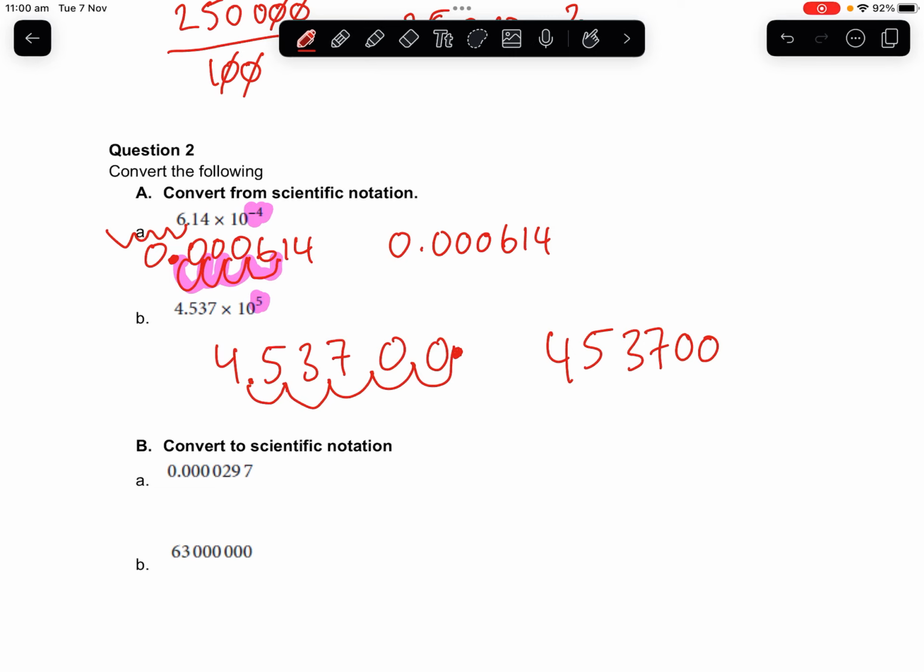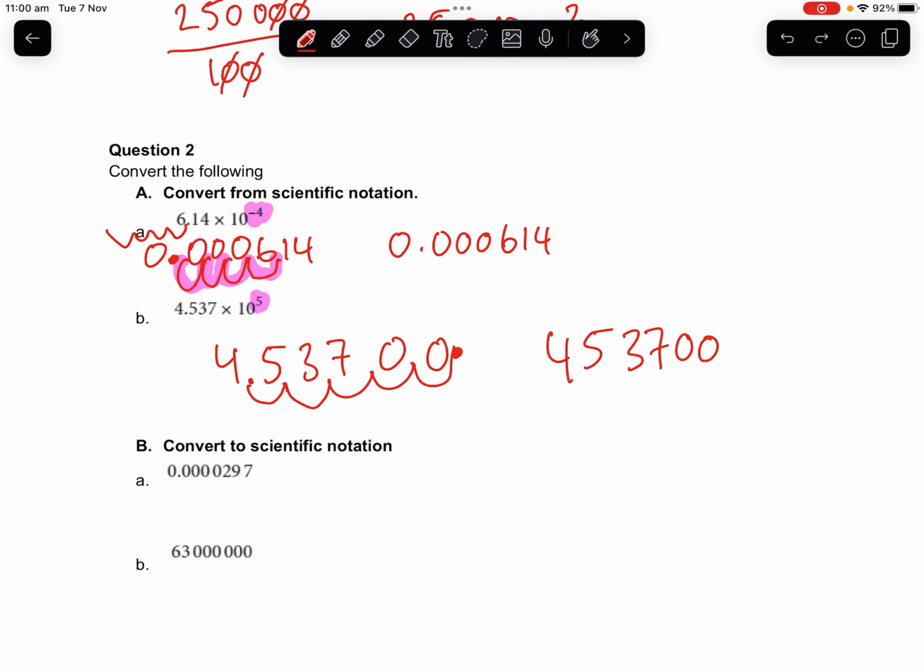So this time we are going from, let's look at our previous answers, we're going from this to this. Okay. Now, to convert it to scientific notation, we need to move the decimal point to a place where it is after a number between 1 and 10.